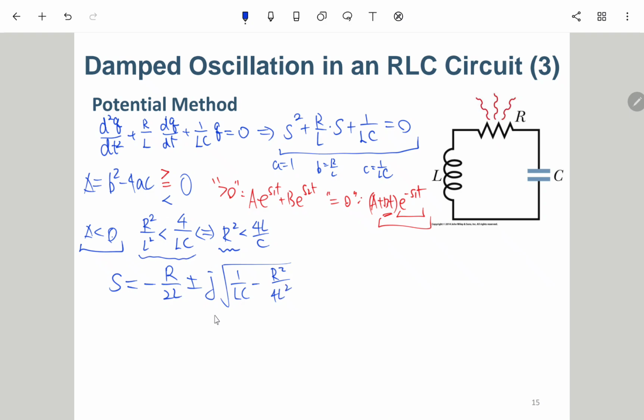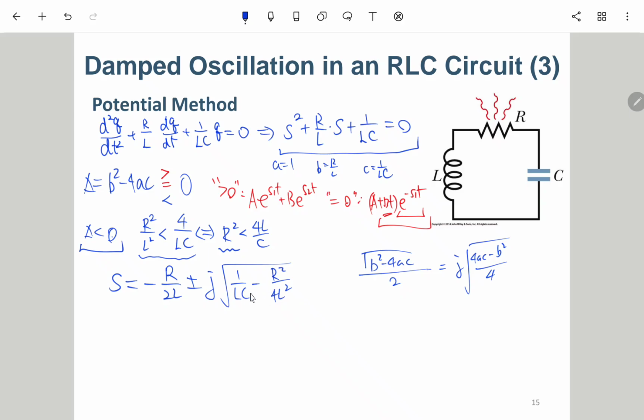We divide by 4 because it is b squared minus 4ac over 2a, and a is 1, so we still divide by 2. So it becomes j times the square root of 4ac minus b squared over 4. This is a little bit algebraic, so I won't go through every detail, but it will be like this.